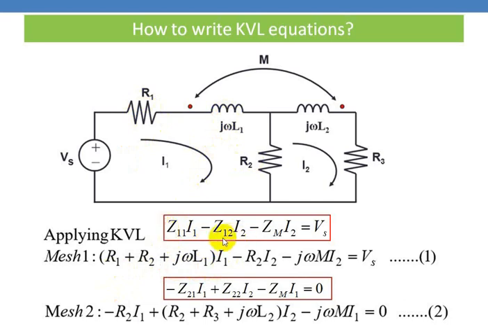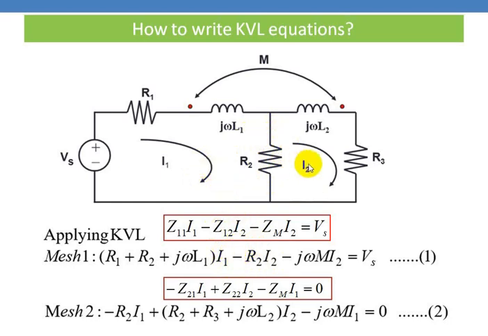The second term is Z12. That is the impedance that is common between mesh 1 and mesh 2. So this is the element R2. This is the resistance that is common between the first mesh and the second mesh. Therefore, Z12 is equal to R2. Here we have a minus sign. Why are we writing a minus sign here?